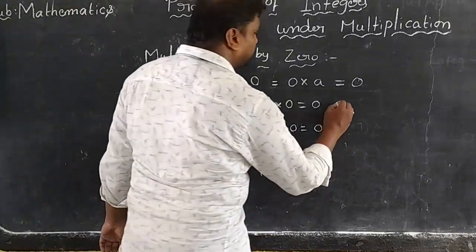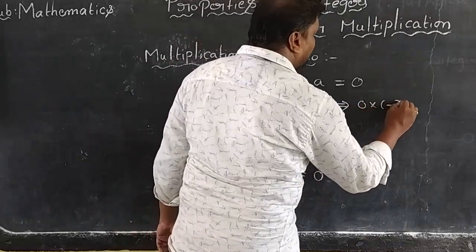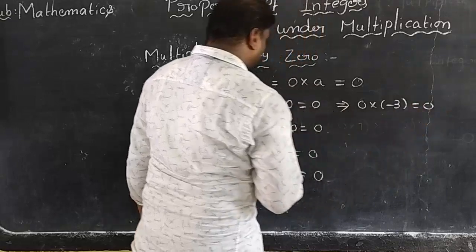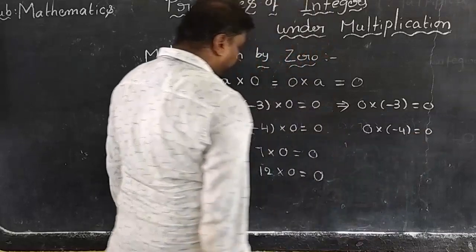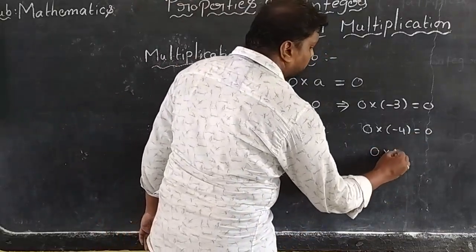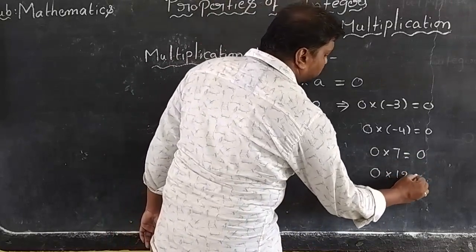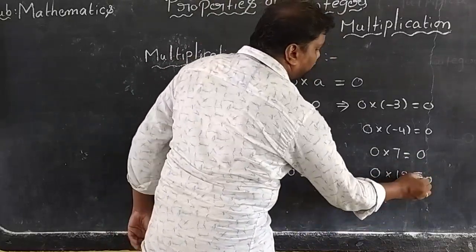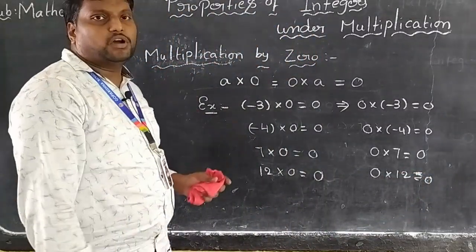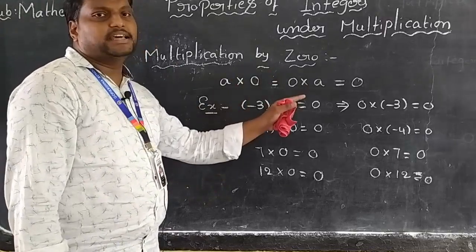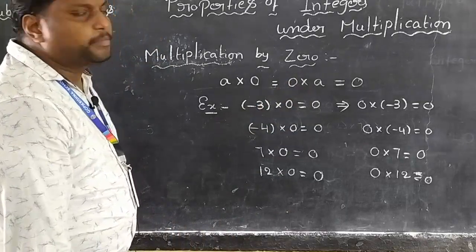We can write 0 into minus 3 also 0, 0 into minus 4 also 0, 0 into 7 also 0, and 0 into 12 also 0. This is multiplication by 0. Any integer multiplied with 0, or 0 with any integer, the answer will be 0 only.